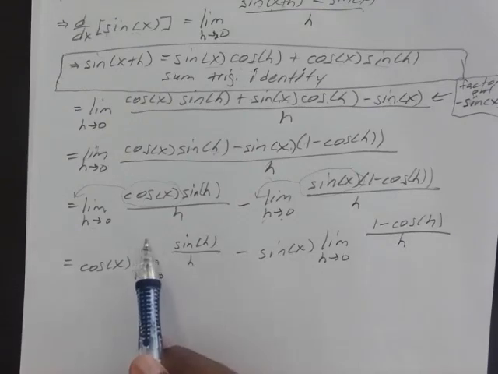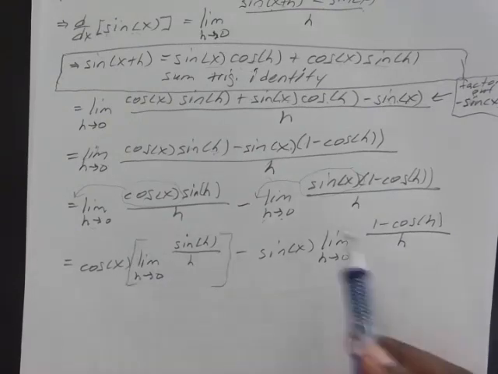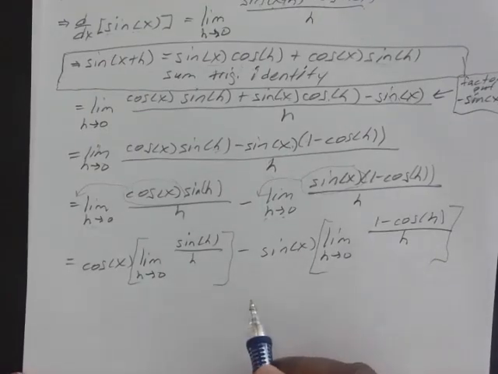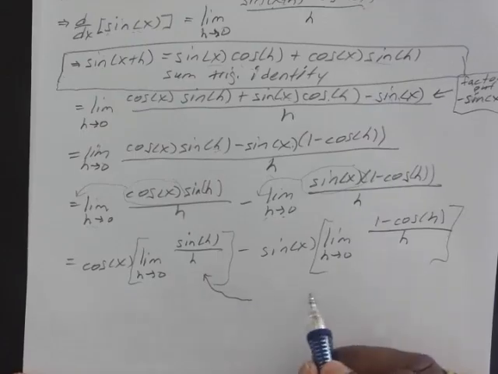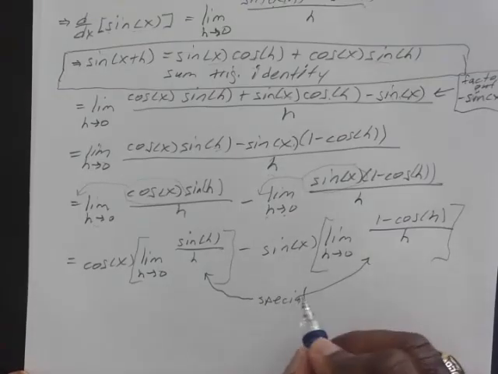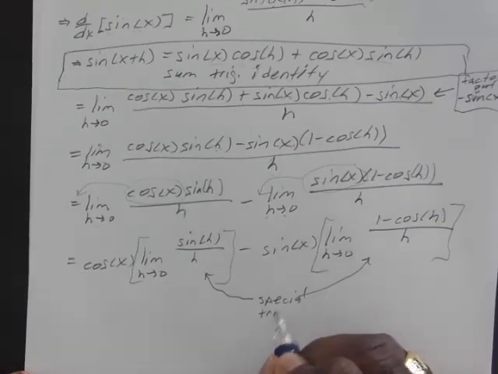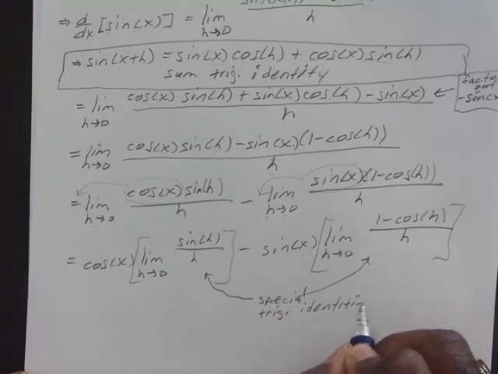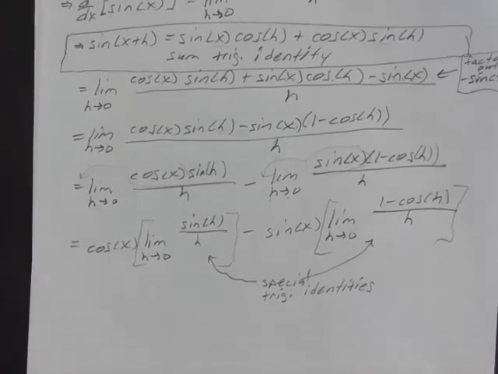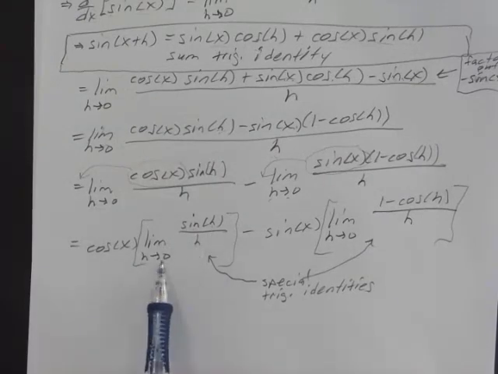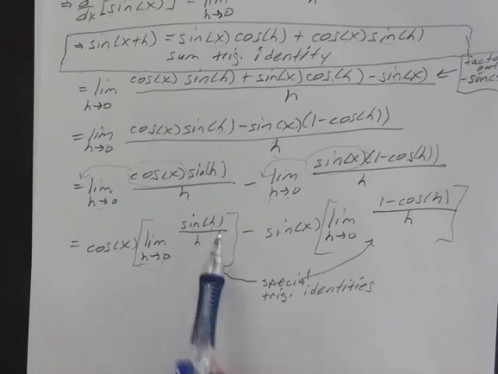Okay, so if you remember, for these two, these are your special trig limits that we learned a few sections back. That's the limit of sine of x over x as x approaches 0 is equal to 1.